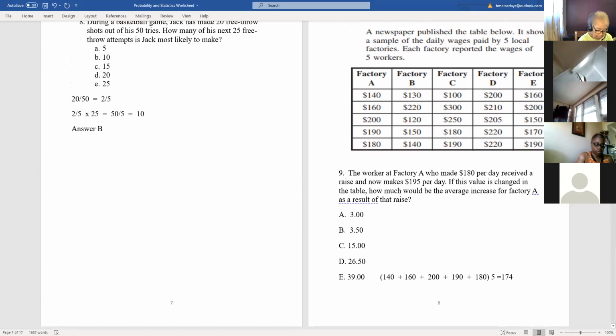So this 100 plus 300 plus 250 plus 180, and it went up to 200. Add this. Okay, so 100.